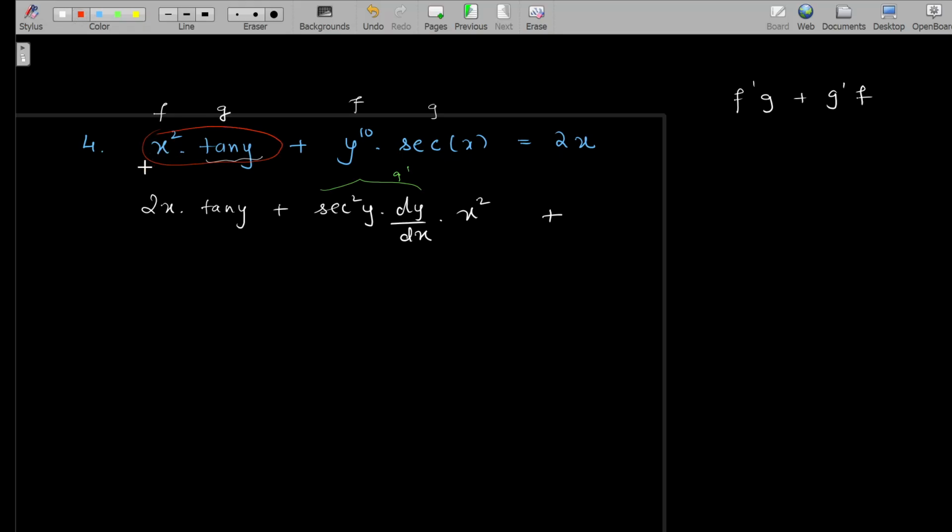See, the derivative of this is all of this. Now we are finding the derivative of this term. So then it's 10y to the power of 9 times secant x times dy over dx. You are again forgetting dy over dx; this is a y function.